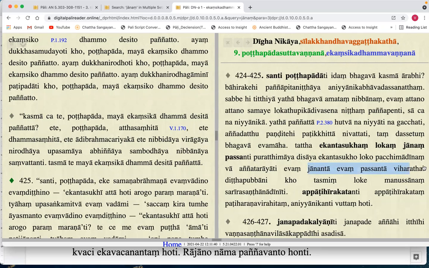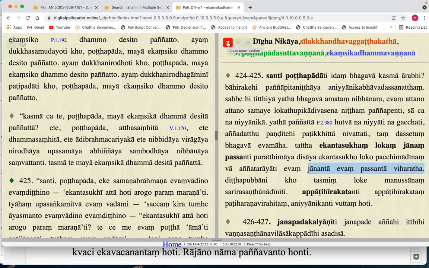So Janan should be understood as Jananda. Basan also should be understood as Basanda. Evam jananda, known in this way. Evam basanda, seen in this way. So, viharata, that is plural.